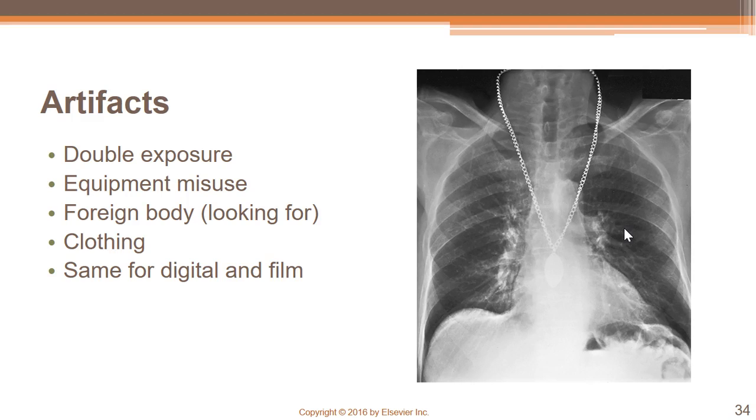This is someone who has a chest x-ray and they didn't ask them to take their necklace off. Now, even if they were in a t-shirt and you saw that t-shirt, you should have been able to see that necklace. So that is an unwanted artifact that it was up to you to remove, so you would have to repeat that exam.